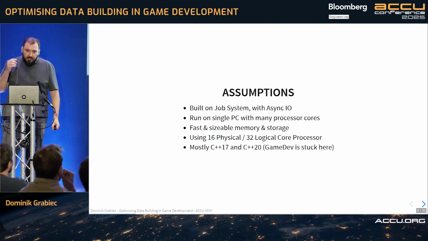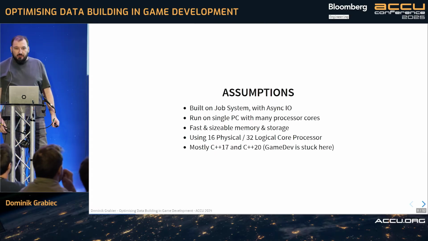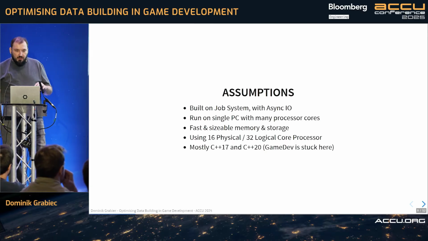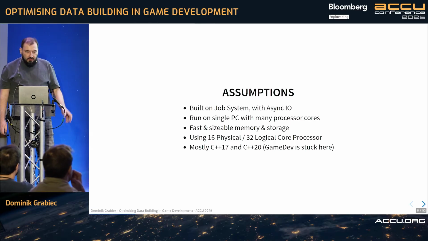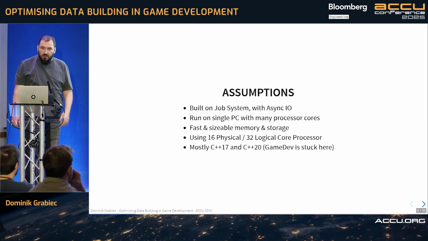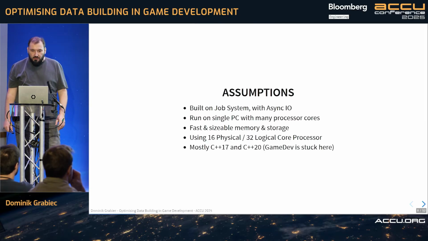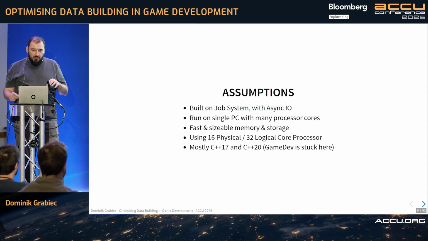So, a little bit of a quick detour, some assumptions I've made for this talk. Some of the examples used later, I've built using a custom job system with asynchronous I/O, and I ran them on my old 4 or 5 year old PC, which is still fairly high spec, like 16, 32 cores, lots of RAM. But a lot of the stuff I'm talking about is for processing data on a single machine.